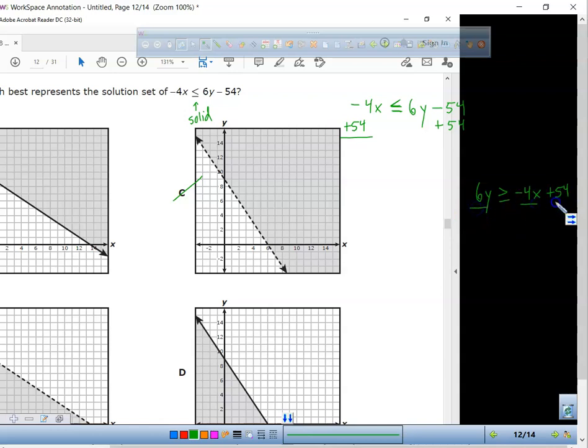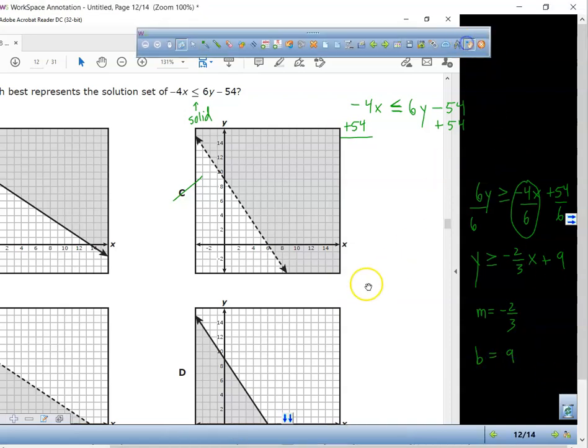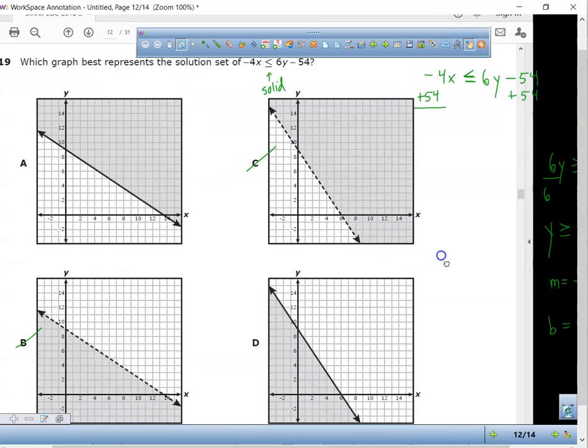What am I going to divide everything by? 6. So here's your final answer. Y is greater than or equal to negative 2/3 x. If you're wondering how I got 2/3, that's how you reduce that fraction. Plus, what's 54 divided by 6? 9. What's my slope? Negative 2/3. What's my y-intercept? 9. So which one has a y-intercept of 9 and it's shaded up?